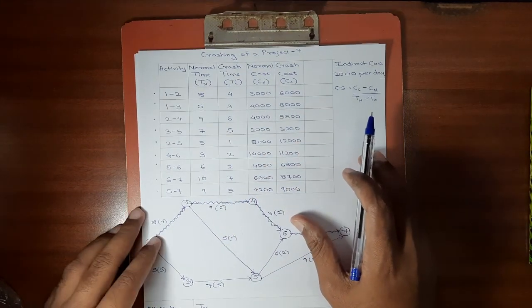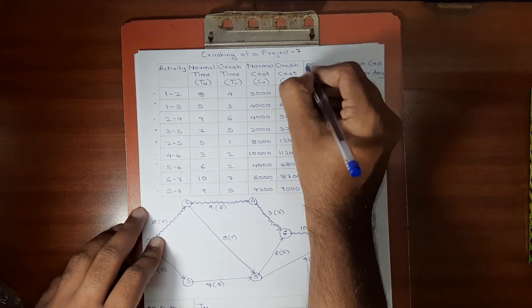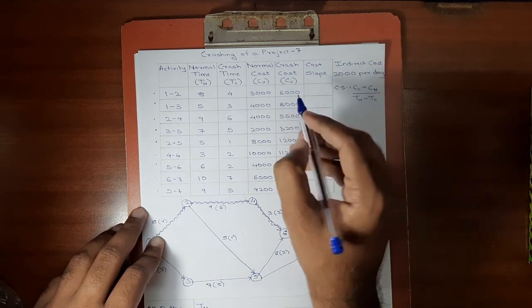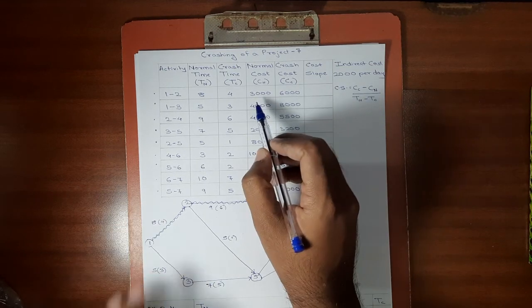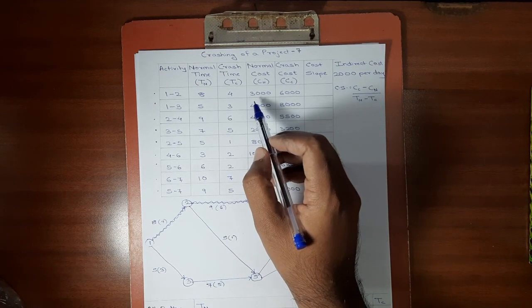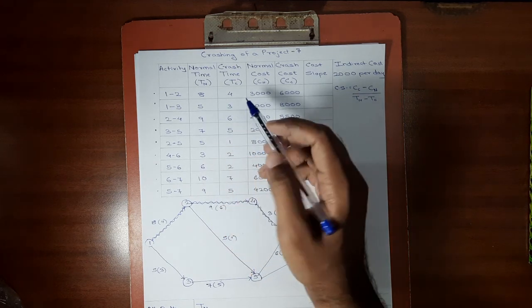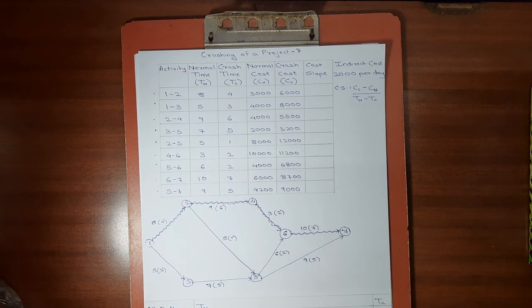By using this formula, we'll be calculating the cost slope of all the activities. So the cost slope of first activity will be 6,000 minus 3,000, which gives 3,000, divided by 8 minus 4 is 4. So 3,000 divided by 4, the cost slope of first activity will be 750 rupees.